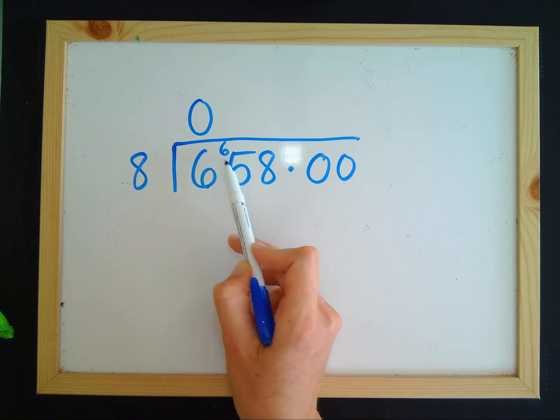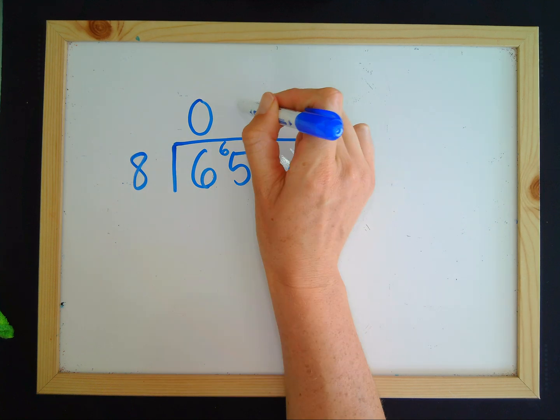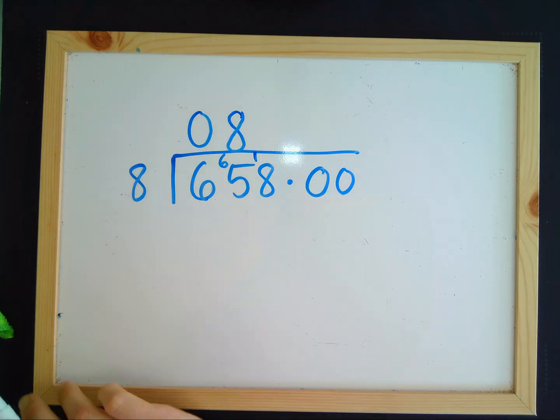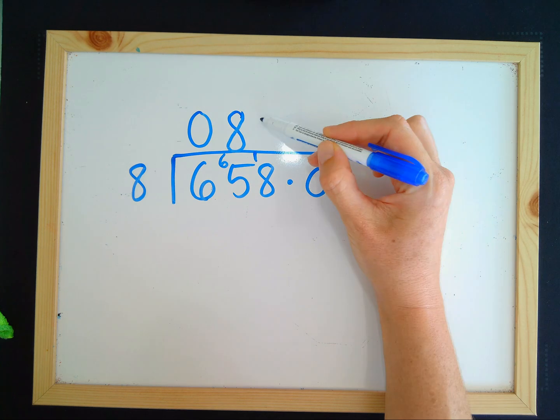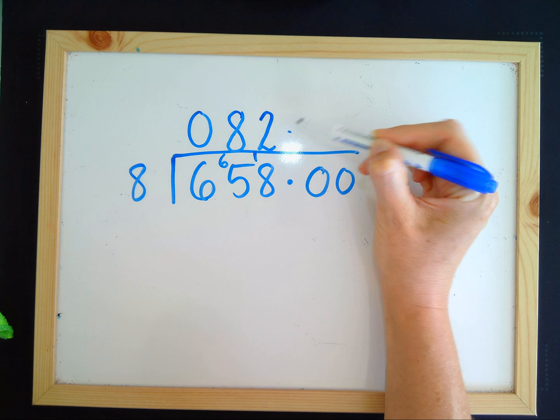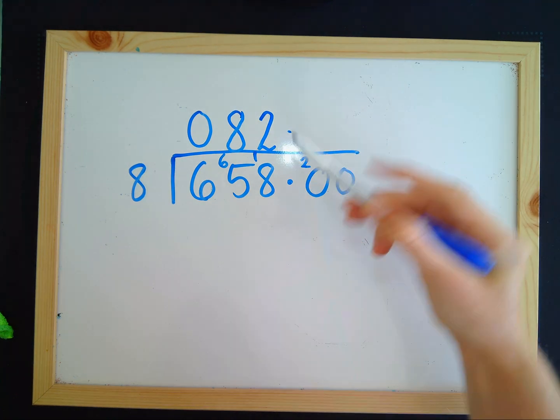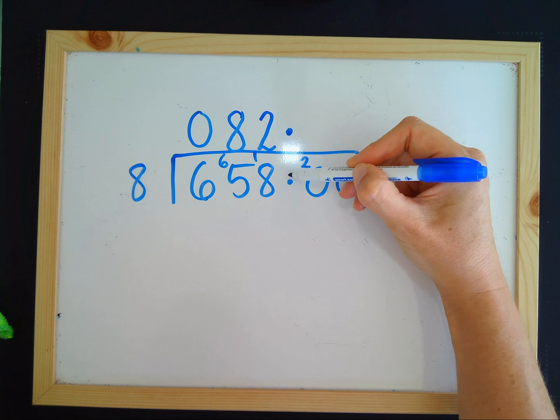So now 65 divided by 8 goes 8 times, because 8 8s are 64, with 1 left over. 18 divided by 8 goes 2 times with 2 left over. 20, oh, look how I put in my decimal point. The decimal point has to be exactly over.